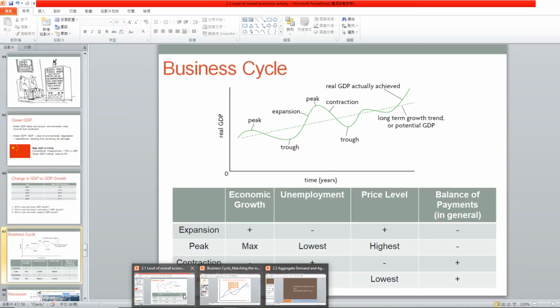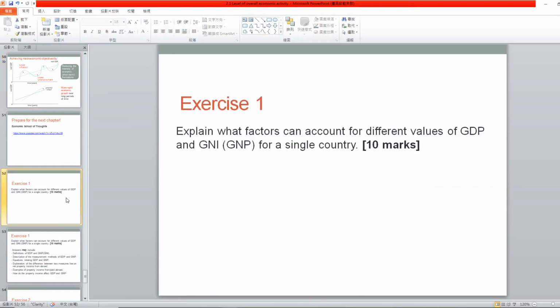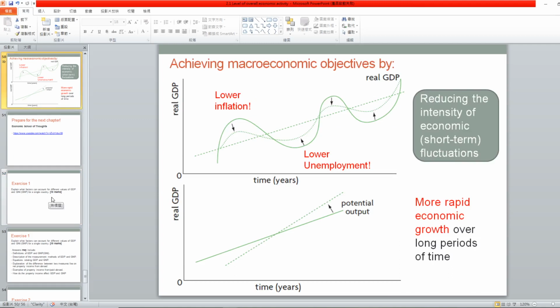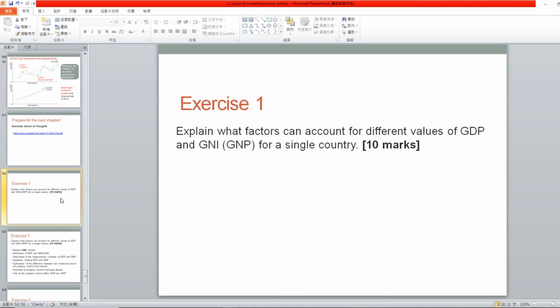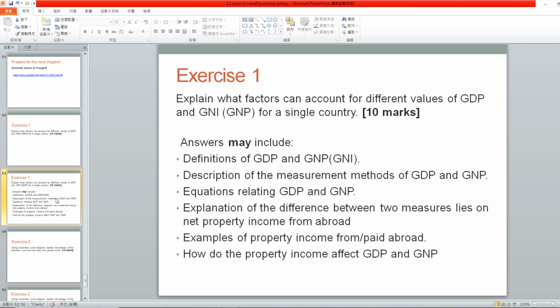I'm going to give you one more homework. Take a look at this. If you go to the slides, you will see there's exercise 1. I just want you to finish this question for exercise 1. Here I have an answer already.